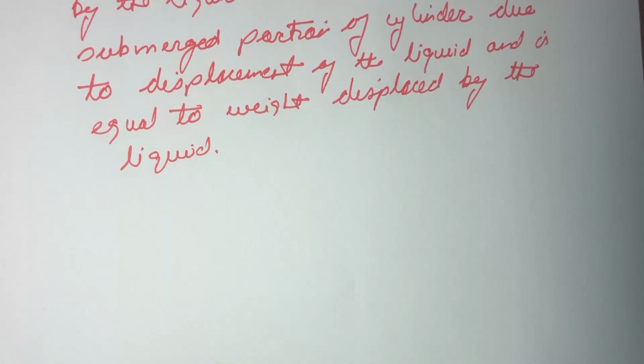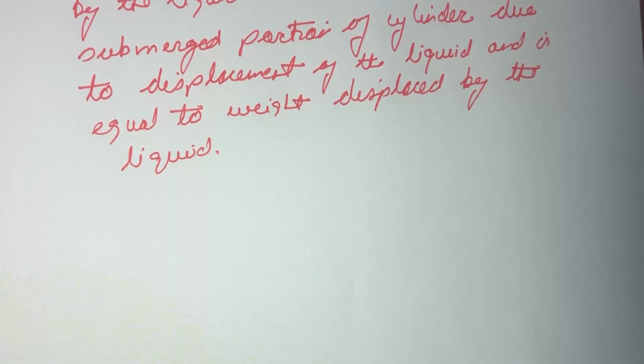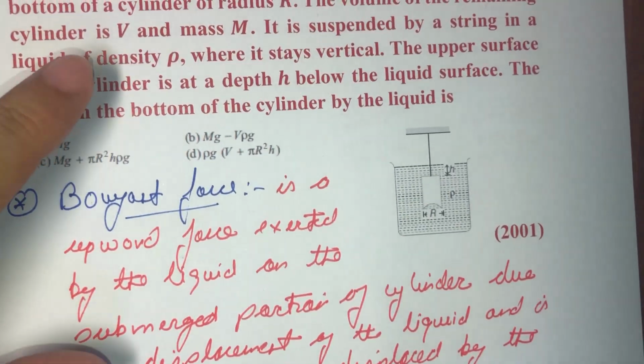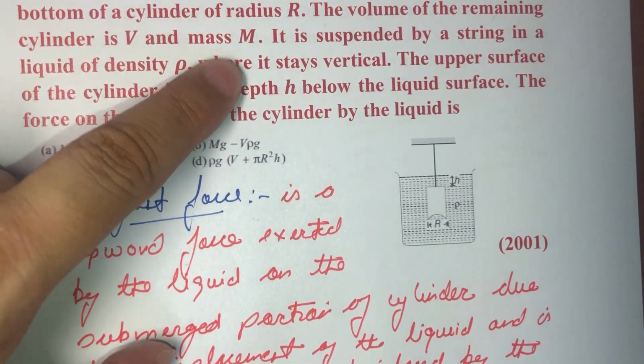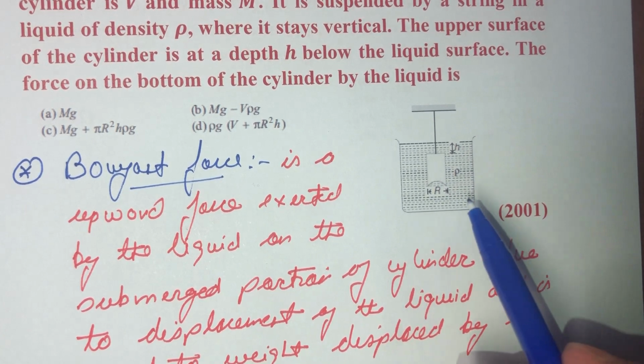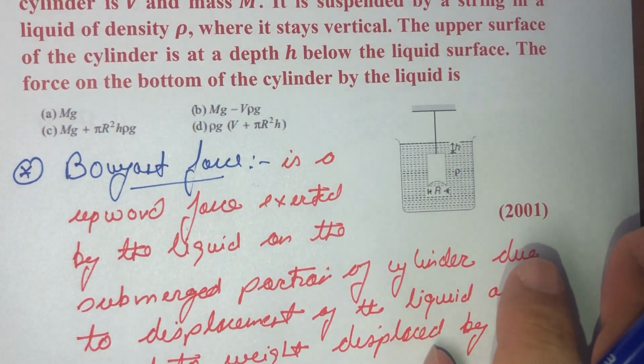and it is given in the question that the remaining volume is V and mass is m. So the buoyant force will depend only upon the volume V and the mass m. It will not depend upon the mass or the volume which have been removed from the cylinder.